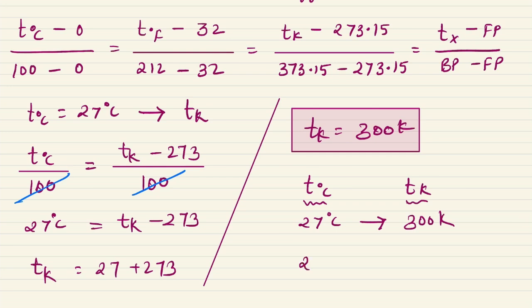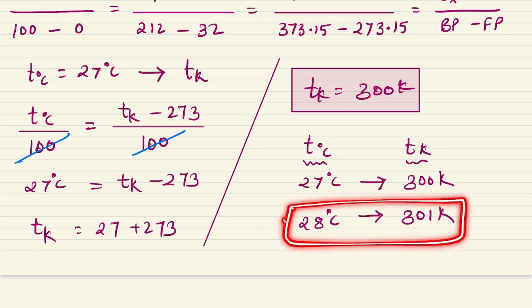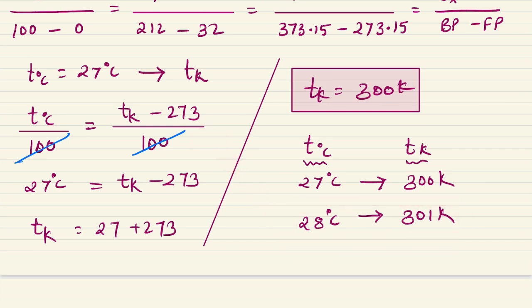Had the temperature been 28 degrees Celsius, the temperature in Kelvin would have come out to be 301 Kelvin. You can do the same math again: take 28 here, add 273, and you get 301.